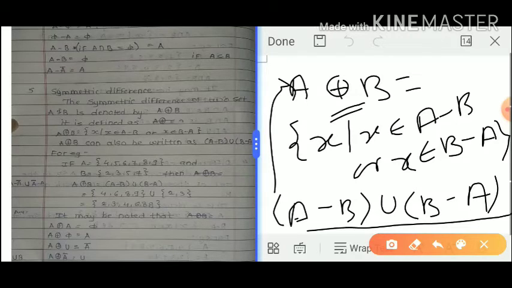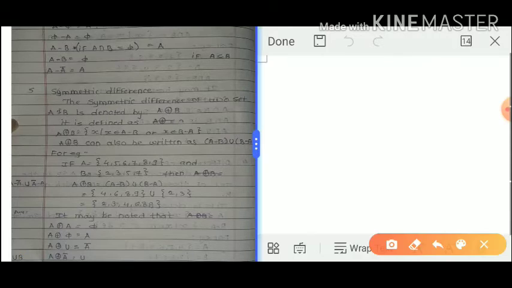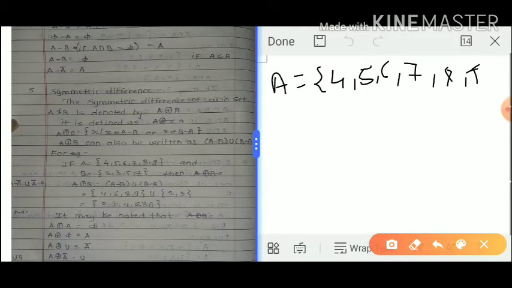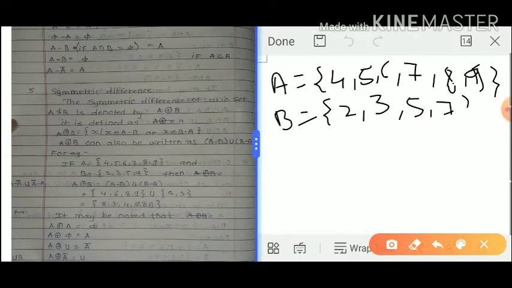Okay. So next, for example, suppose set A contains 4, 5, 6, 7, 8, 9, and second set B contains 2, 3, 5, 7.